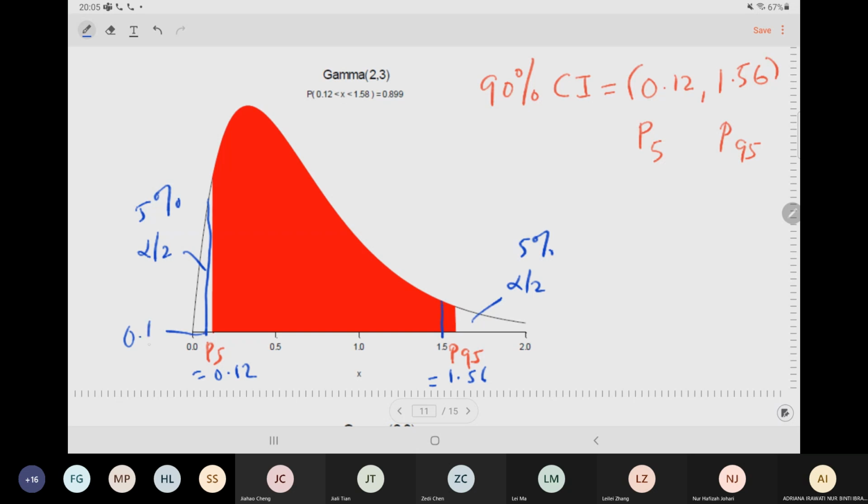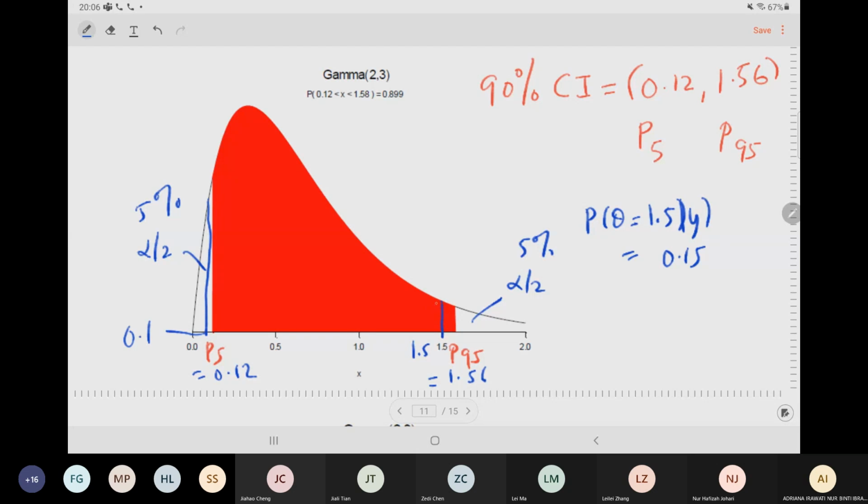So this 1.5 is actually inside the interval, and 0.1 is actually outside the interval. So if I were to find the density, the height of theta when it's 1.5, given y, this is actually 0.15.